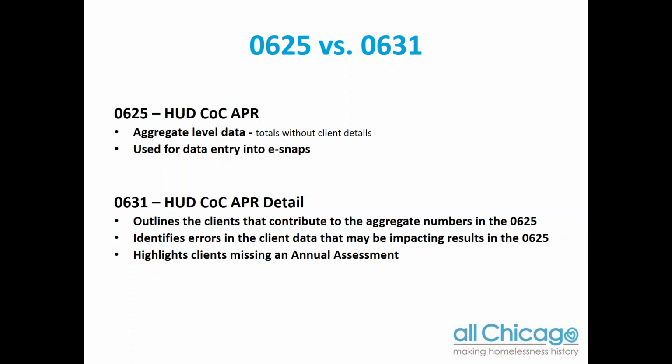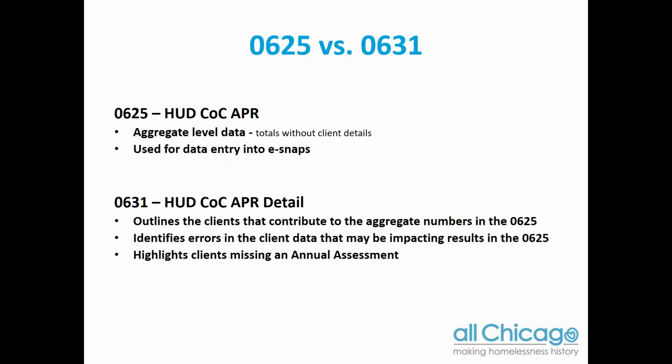You don't understand immediately from that report who in your program is contributing to the totals, and that's why we have the 631, so you can actually answer the questions around who are the clients that are showing up in this particular category. So you will very much see that detailed within the 0631 report.